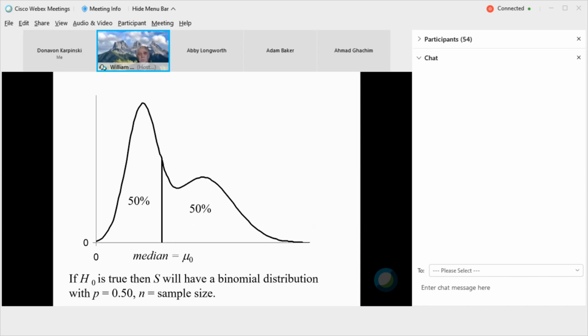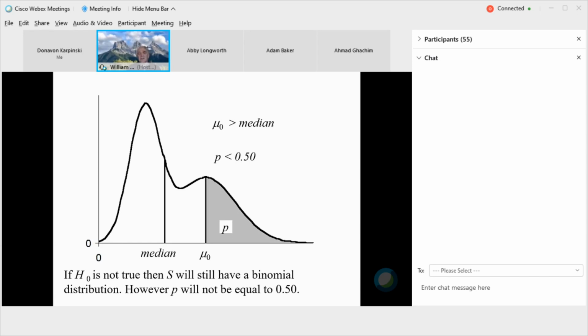If H naught is true, S, which counts the number of observations out of N that are above mu naught, will have a binomial distribution, P equal to 0.5, N equal to the sample size. If the median is not equal to mu naught, suppose mu naught is greater than the median, the chance of being greater than mu naught will be a lot smaller than 0.5.